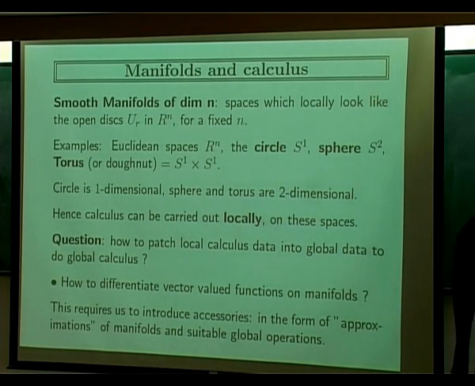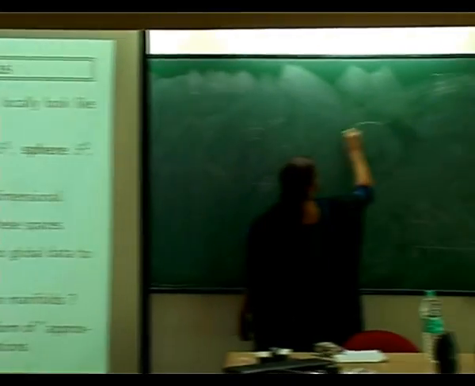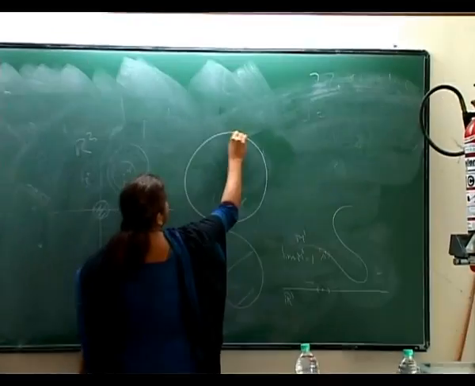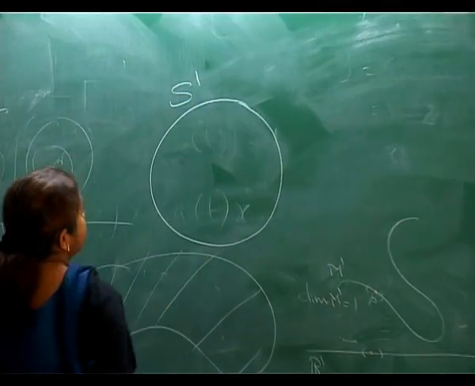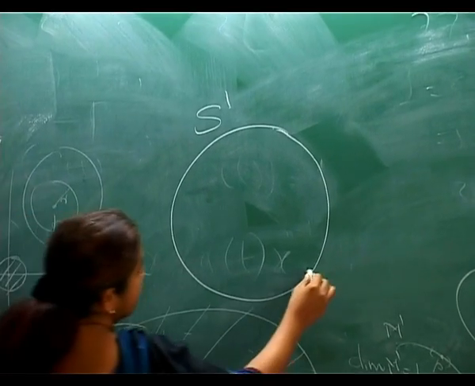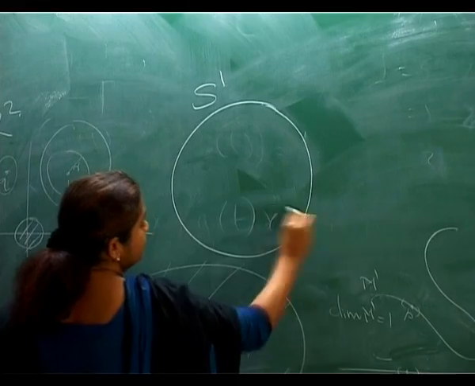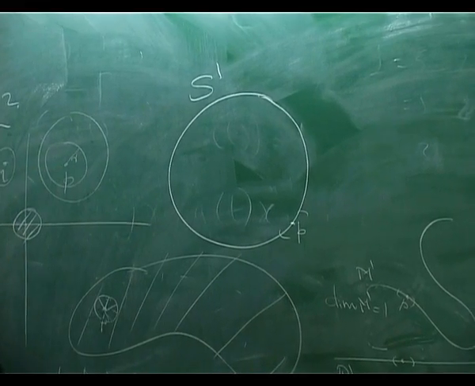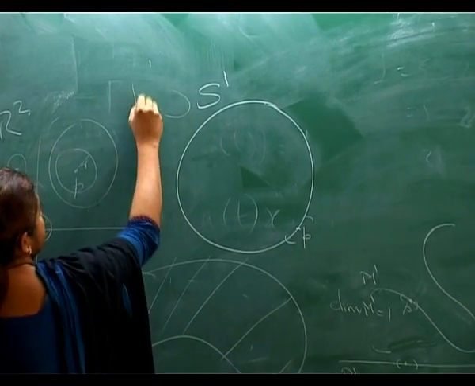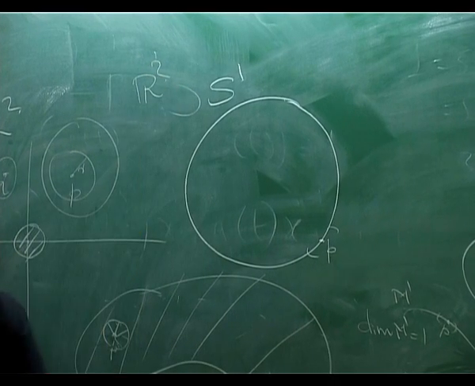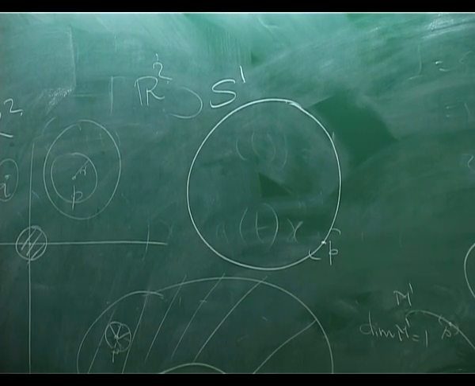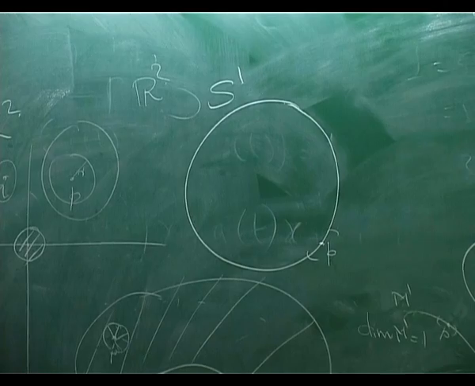Now if you look at a circle, you will see that if you take any point on your circle, call it P, the circle you can think of as a subset of your R2, right? And so it gets the subspace topology coming from R2.